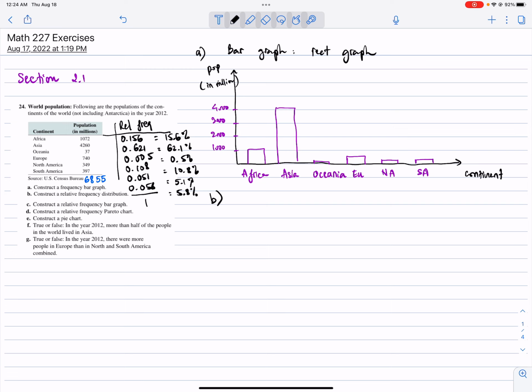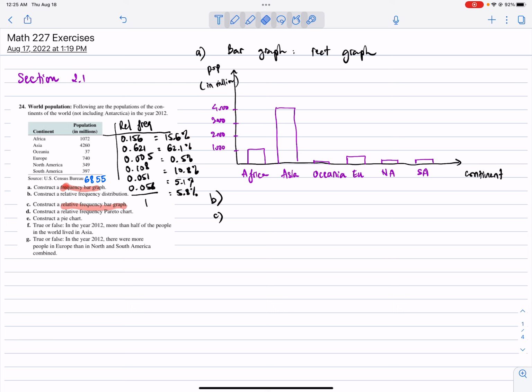Now for part C, we want to construct the relative frequency bar graph. You notice that the relative frequency bar graph and the frequency bar graph are actually the same thing. You remember in part A, you were using the frequency number.